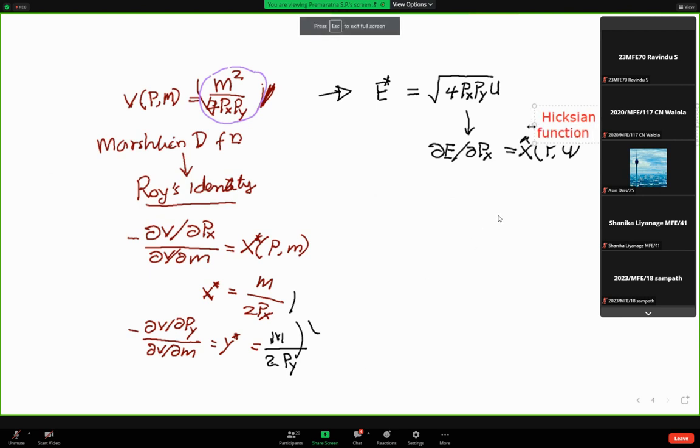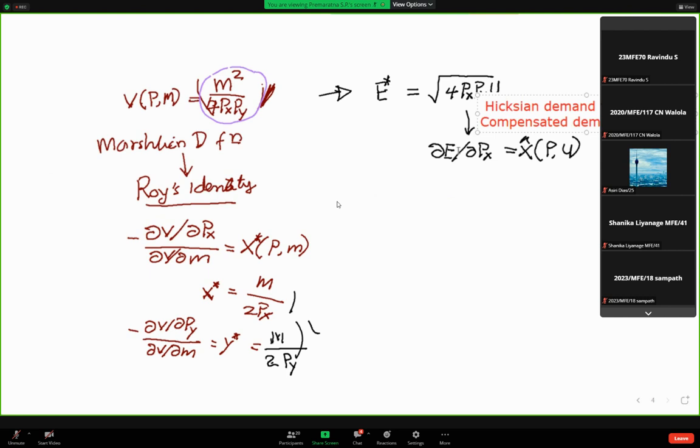Hicksian demand function, or by another name, the compensated demand function. I will show you later how to visualize it graphically, then you can understand.